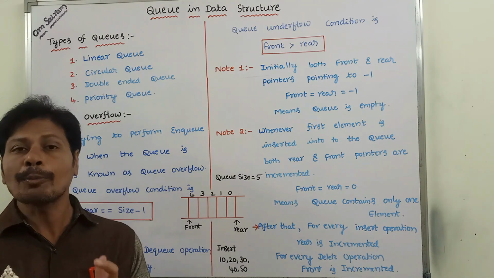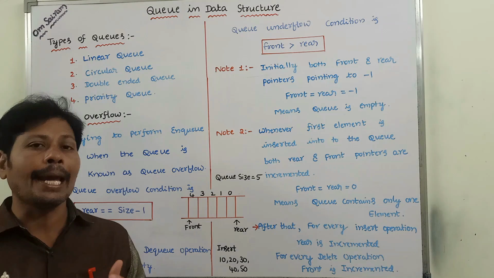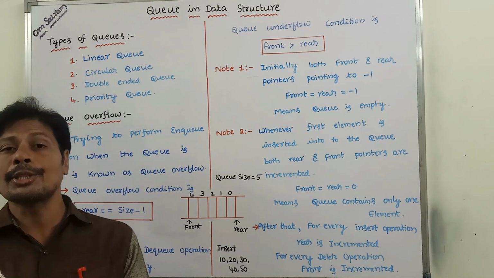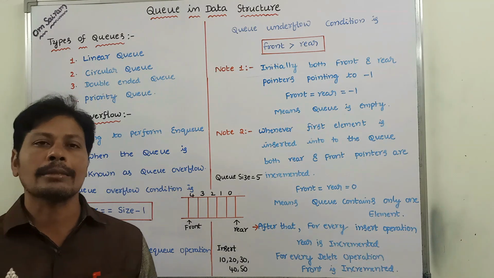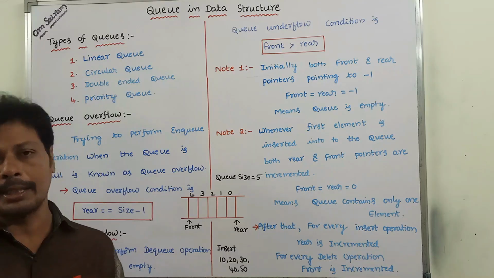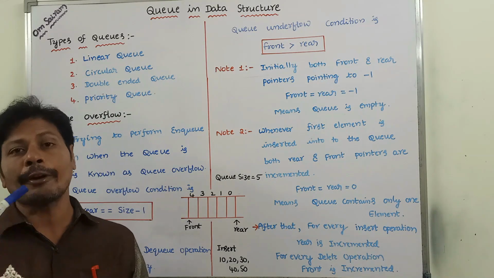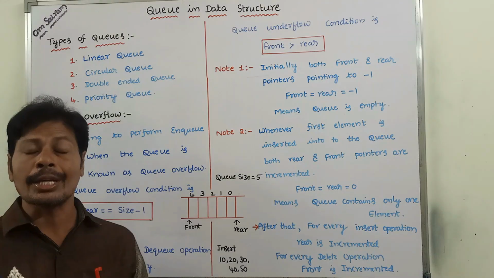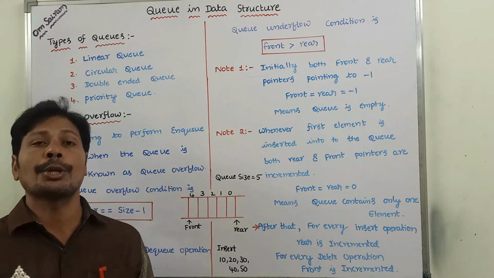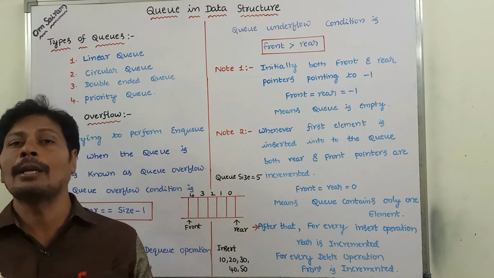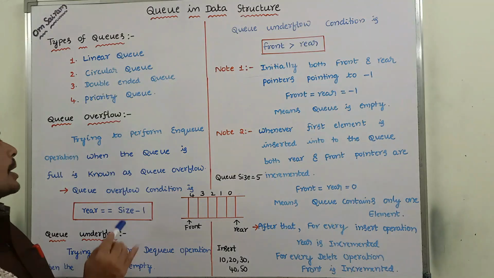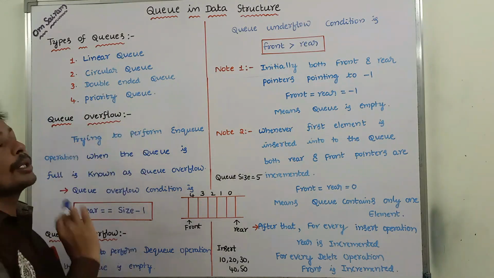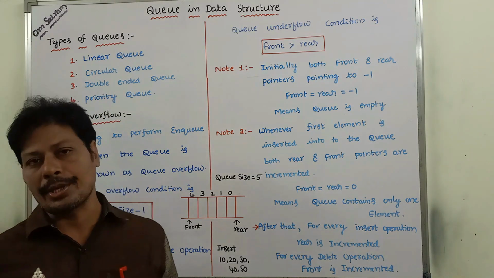It is not possible to insert that element. That situation is called queue overflow condition. Trying to perform an enqueue operation or insertion operation when the queue is already full is called queue overflow condition.